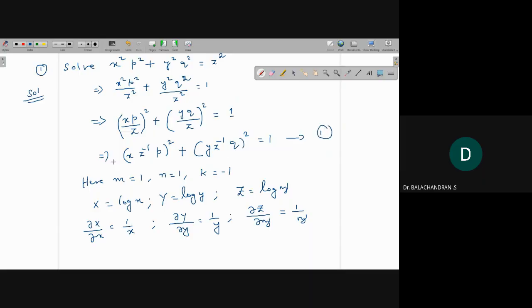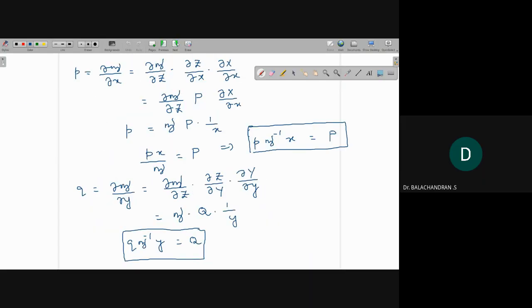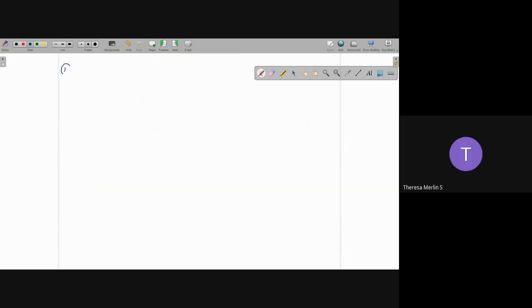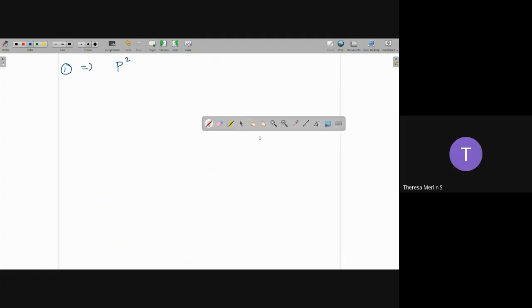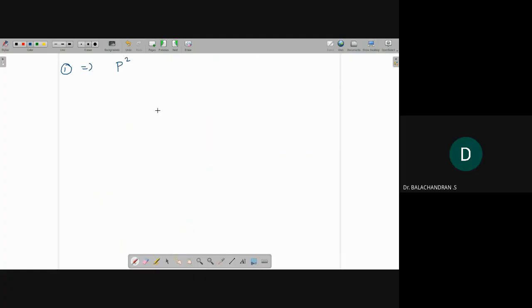If I substitute this, what will you get? Equation 1 implies capital P square plus capital Q square is equal to 1.